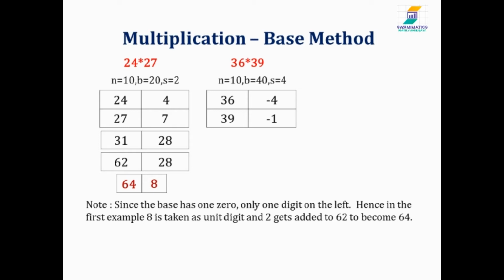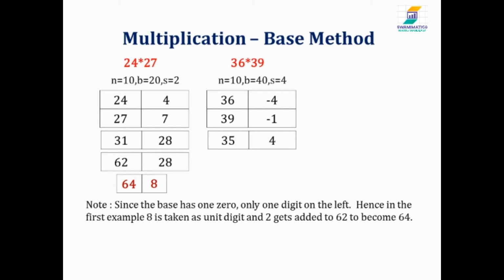Now 36 is 4 short of 40. 39 is 1 short of 40. Now the cross operation results in 36 minus 1 is 35, or 39 minus 4 is also 35, and 4.